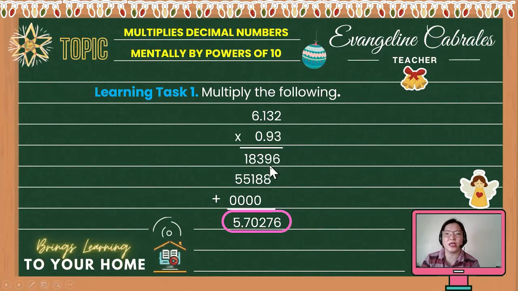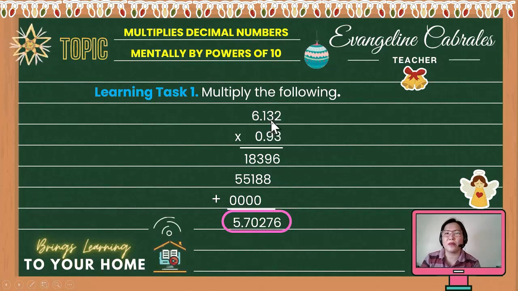Bring down the 6. 9 plus 8 is 17, carry 1. 1 plus 3 plus 8 equals 12, carry 1. 1 plus 8 plus 1 is 10, carry 1. 1 plus 1 plus 5 plus 0 is 7, and bring down 5.